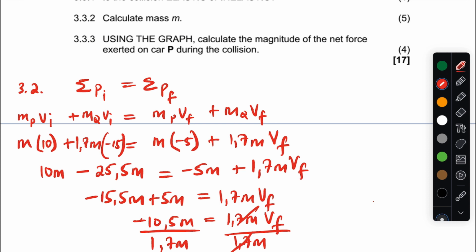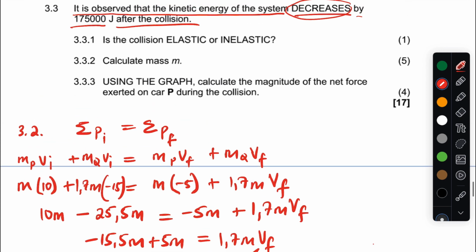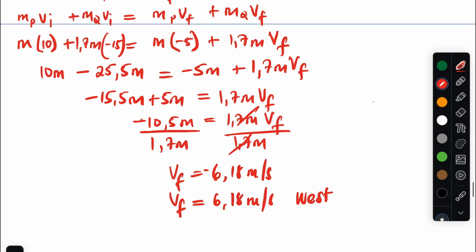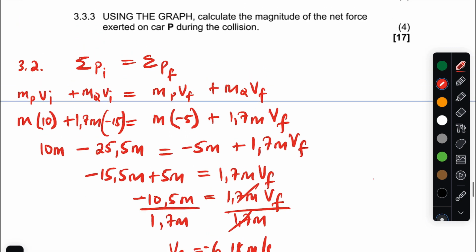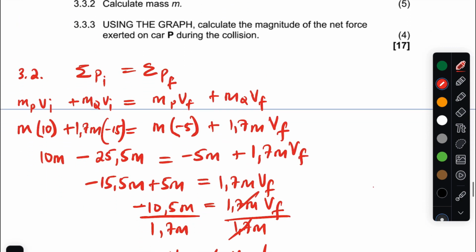So since there's a decrease in the kinetic energy there, it's inelastic. Because there's a change in velocity, there's a change in kinetic energy. That means the total kinetic energy before is not equal to the total kinetic energy after. Right? So the answer there, it's inelastic.